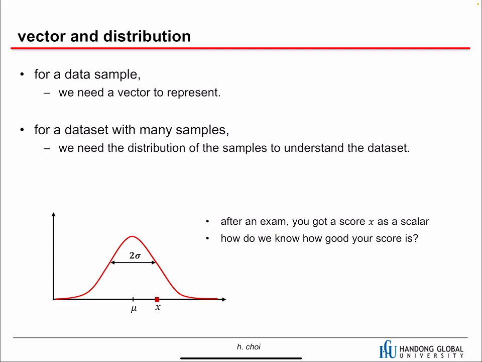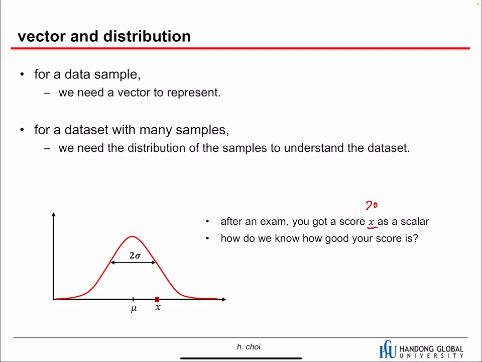As an example, if you take an exam, then you get a score X. Usually if we take just one class exam, then we have one score, which is a scalar. How do we know how good your score is? Let's say you got a 70. Is it good or bad? It depends on the distribution.